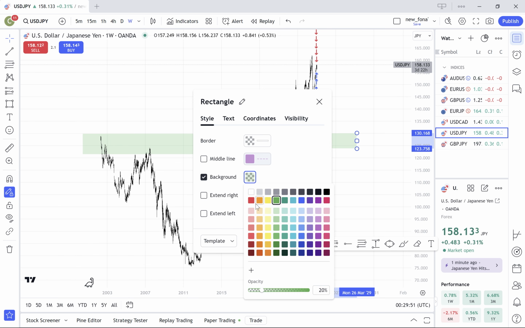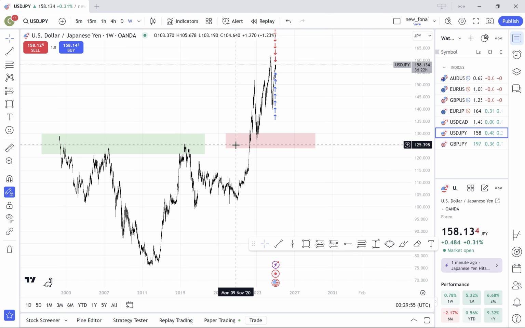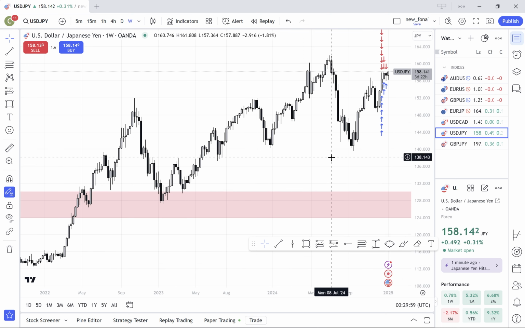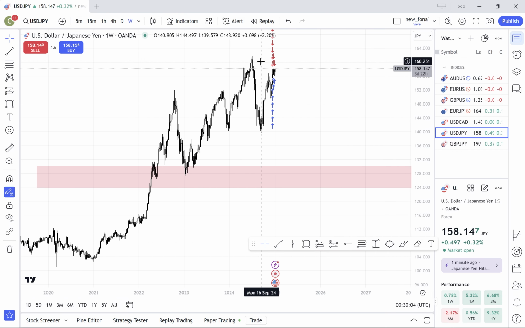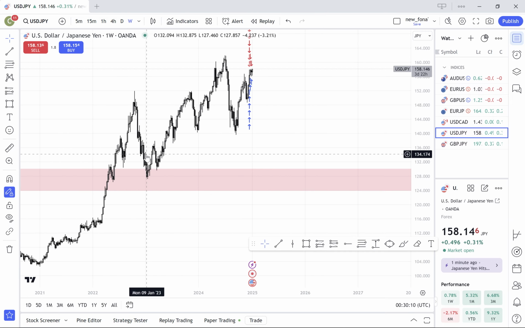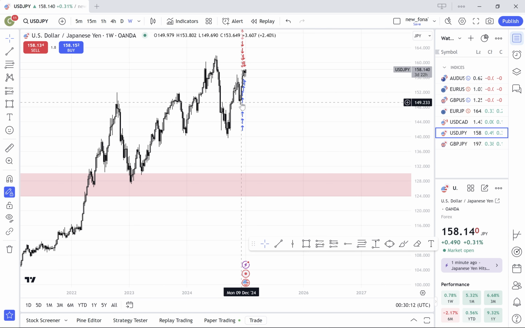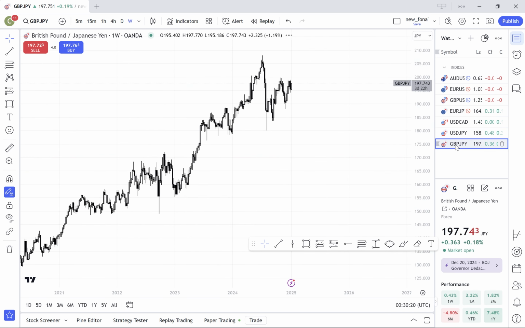I'm going to change the background to red. So it became a flip zone, and now the price is going up. If I look in here, the price came off low from that, made a lower low and a lower high, and it's again going up, making a higher low and going forward to make a higher high. We can't estimate something with confidence, so let's forget that as well.